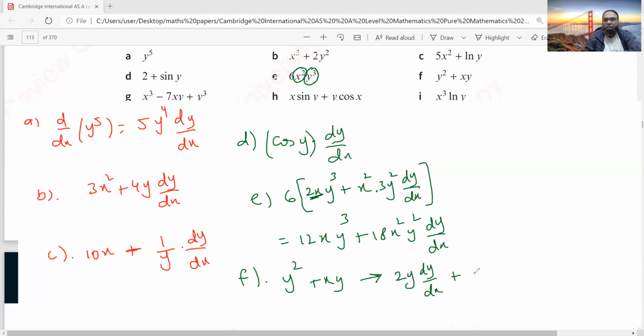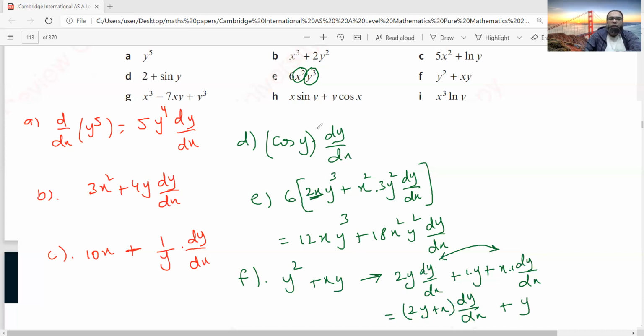When I differentiate x, it is 1, and you have y as it is, plus x times the derivative of y, which is 1 times dy by dx. If you want, you can take dy by dx common from these two terms here. So you have 2y plus x, there is dy by dx, and plus y. That is the f part's final expression.